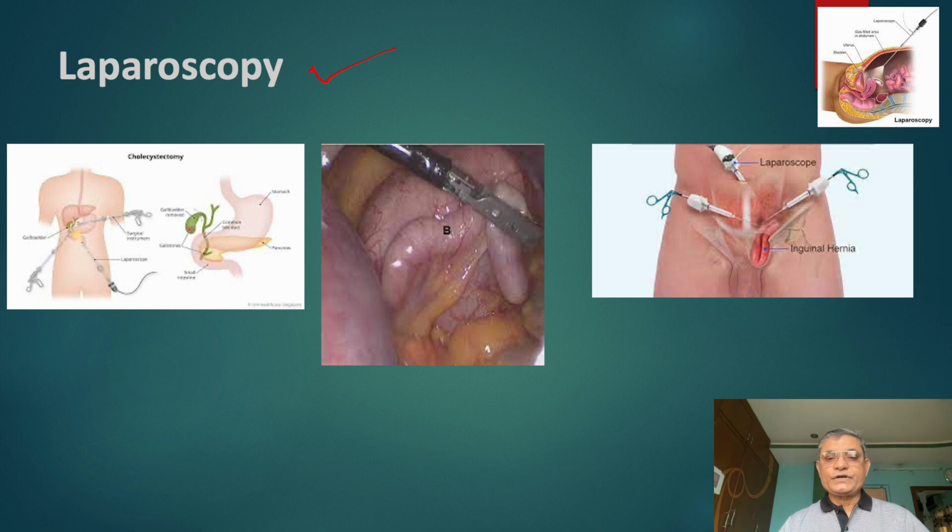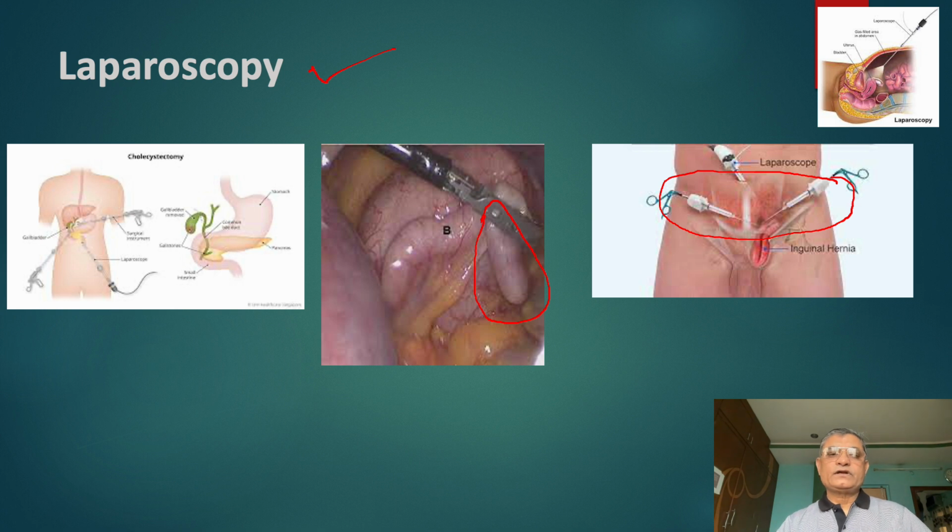Then the second operation that is performed usually is for appendicitis. For inflamed appendix removal, we do the laparoscopic appendectomy. Another operation that is being performed by majority of the surgeons is hernia repair.